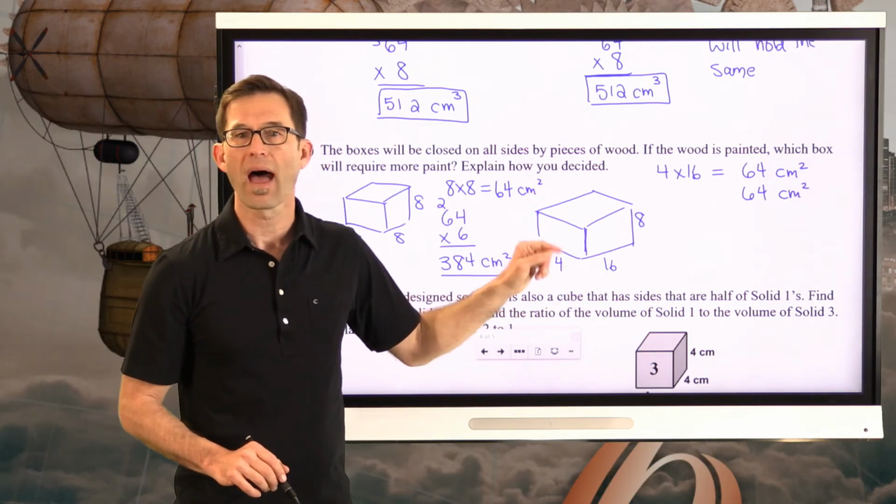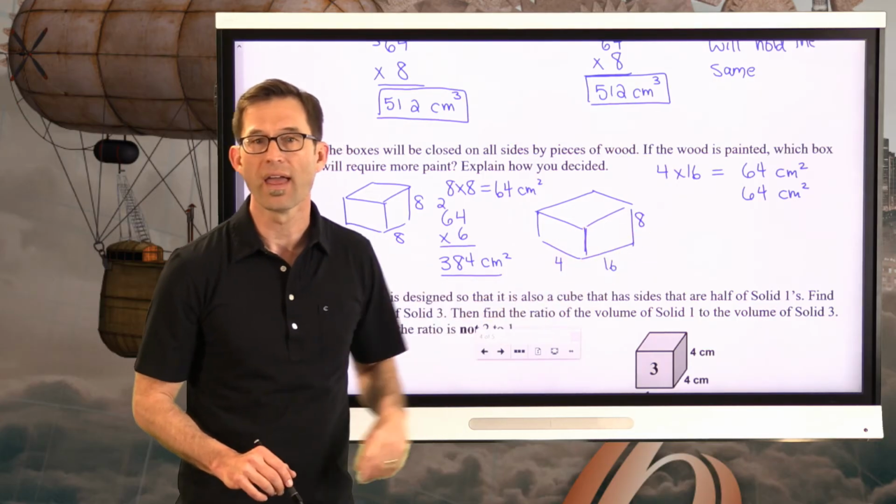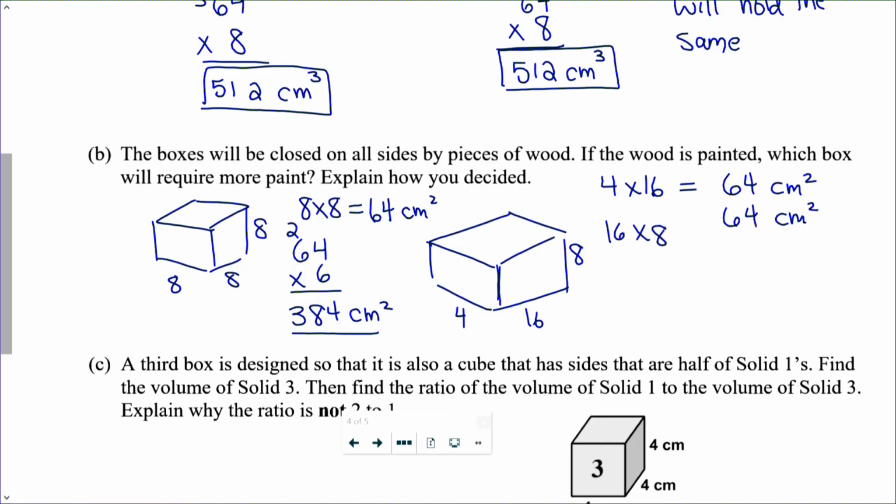The front and the back are 16 by 8. So 16 times 8, let me come over here, get some spare paper. 6 times 8 is 48, carry the 4, 12. So that's going to be 128 square centimeters, and there's going to be 2 of those.